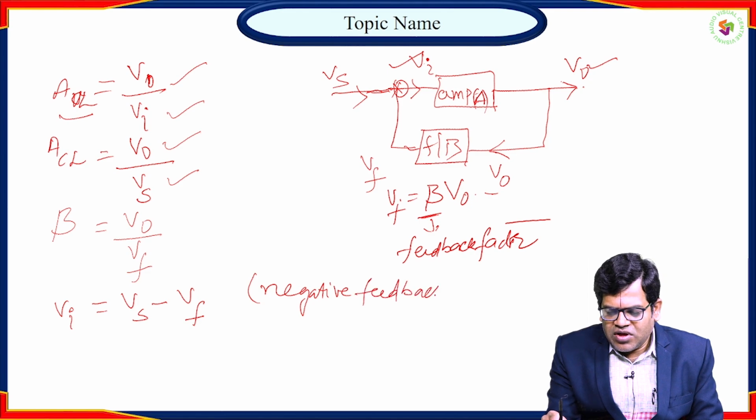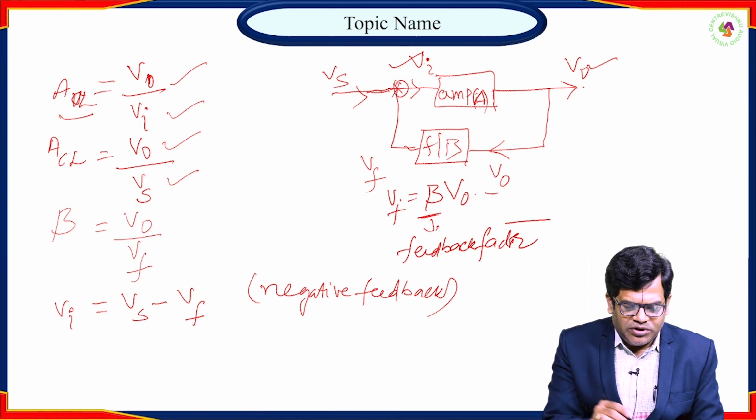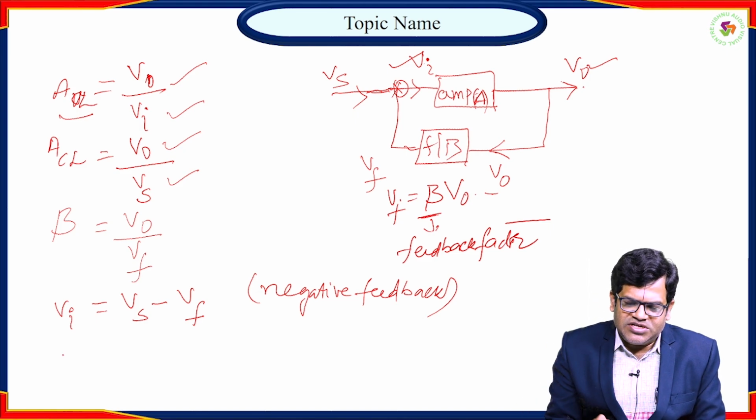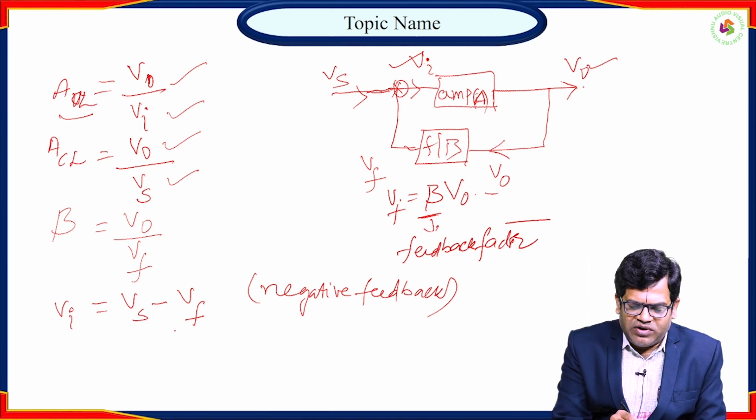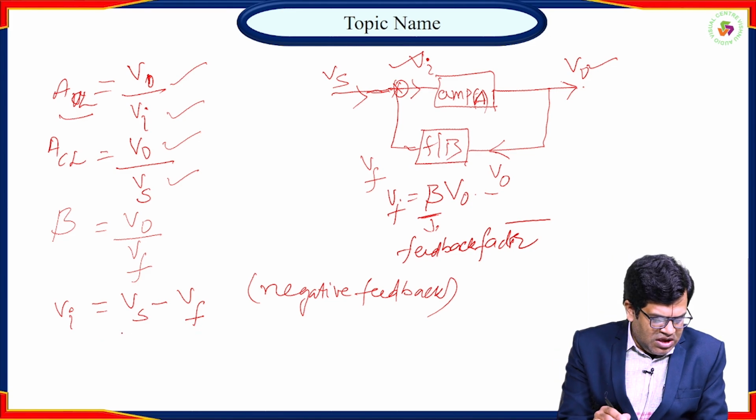As we have defined that there will be a 180 degrees phase shift between the input and output, the input voltage that will be provided to the amplifier will be the difference between the source voltage and the feedback voltage. So Vs minus Vf.